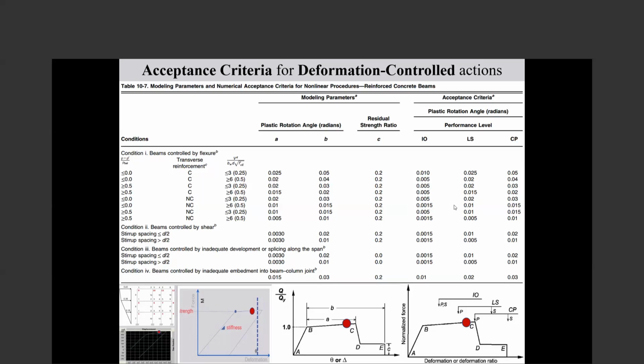And when damage happens and something is not working, it changes the location of the neutral axis. There are also now very many software packages that do fiber analysis. It's the same thing, so there are many options.